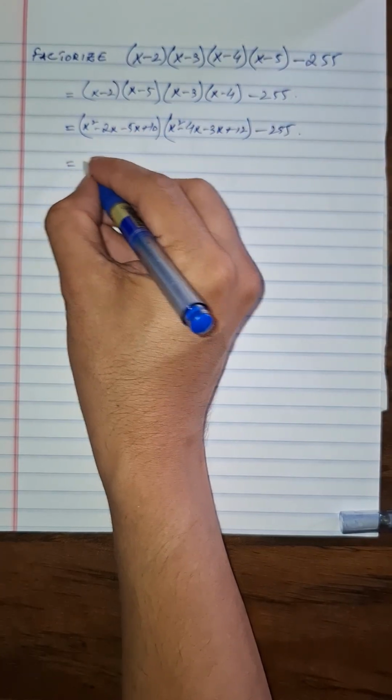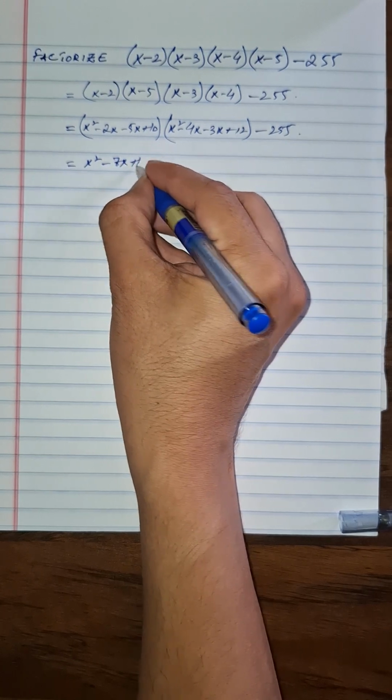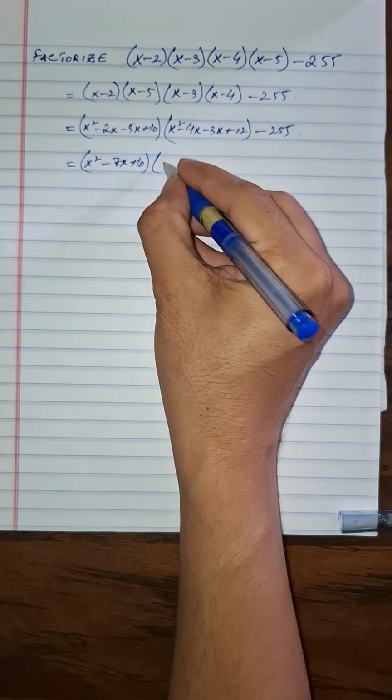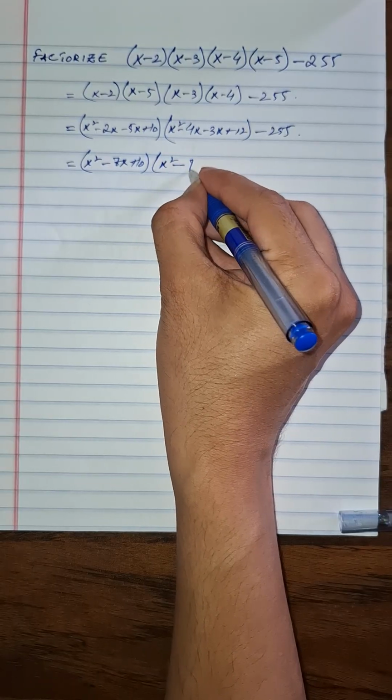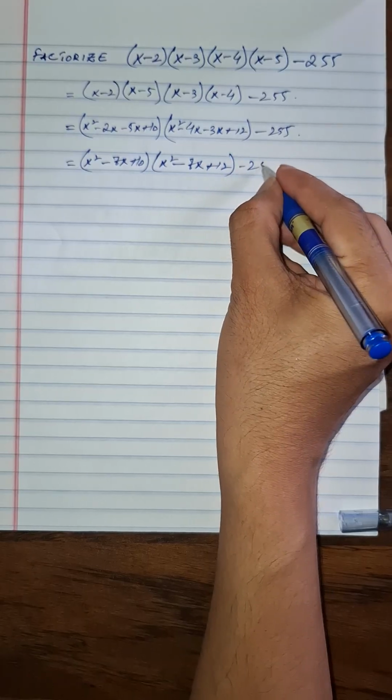Now x square minus 7x plus 10 and x square minus 7x plus 12 minus 255.